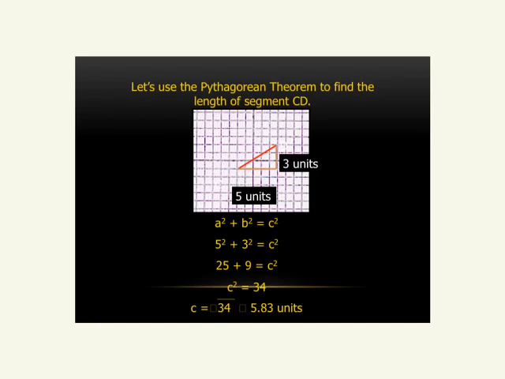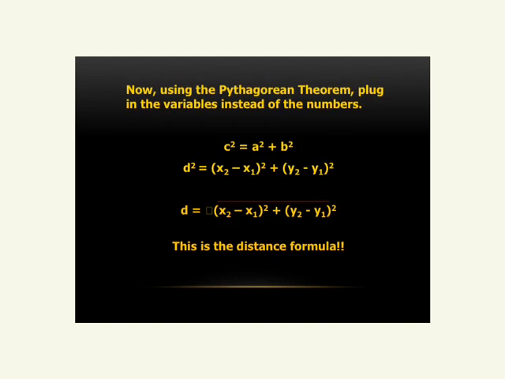Now, the next question we need to look at is, what if instead of giving you a graph, they just simply give you two ordered pairs? Well, if we take the Pythagorean Theorem and derive it, we come up with what we call the distance formula. This distance formula right here is very important to our lesson today.